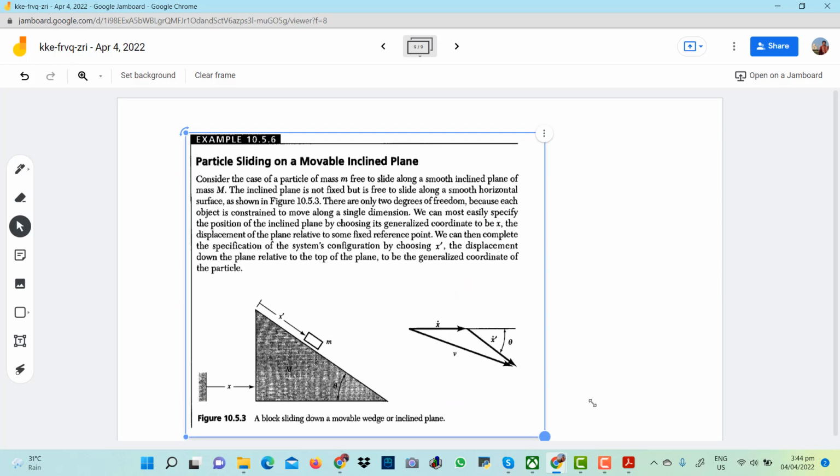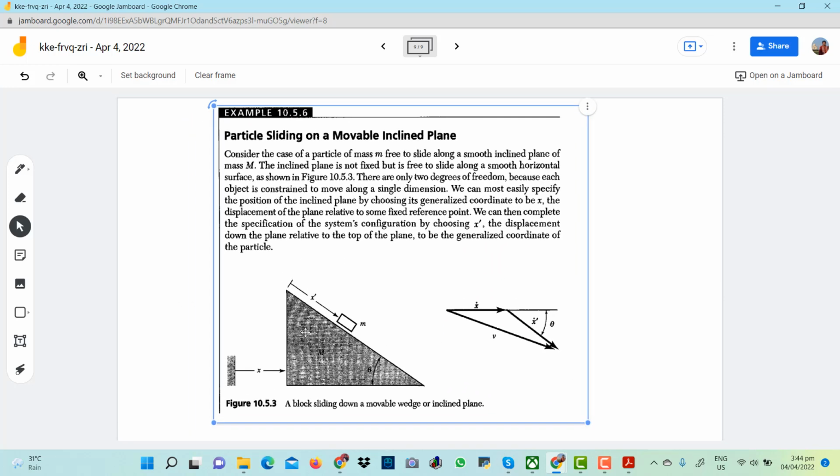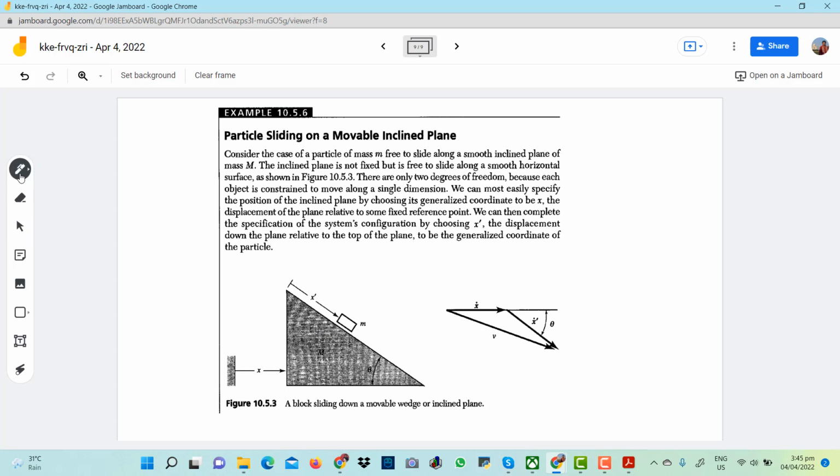The simplest example is a mass sliding down, and then you can calculate the equation of motion. You can solve for a, which is equal to g sine theta. The acceleration of this object is equal to g sine theta.